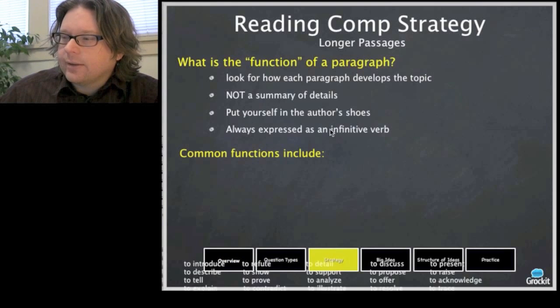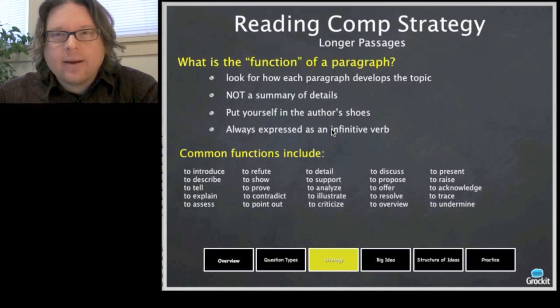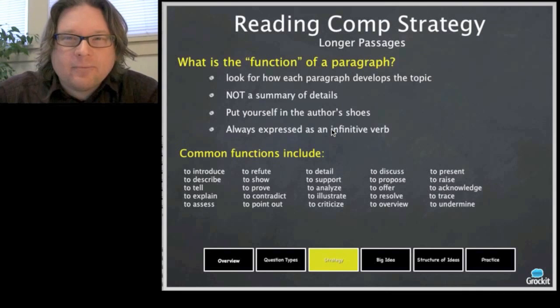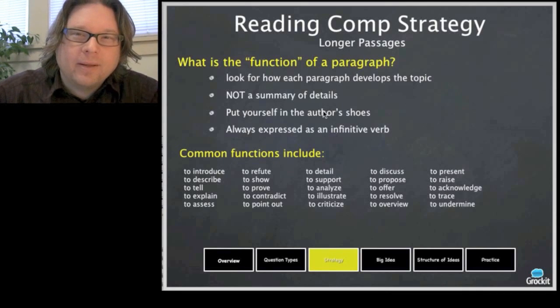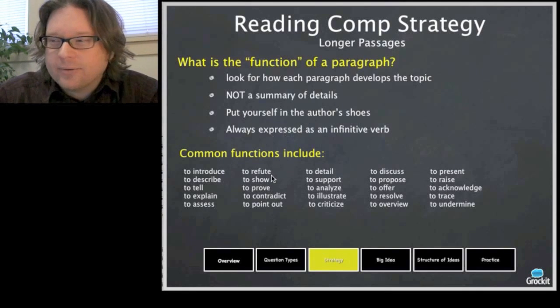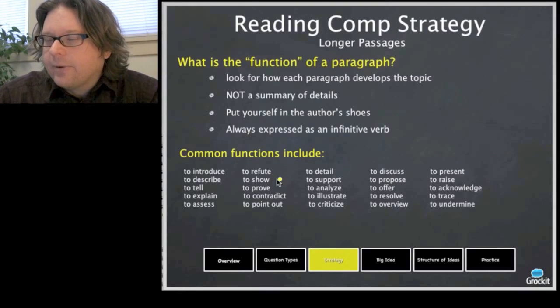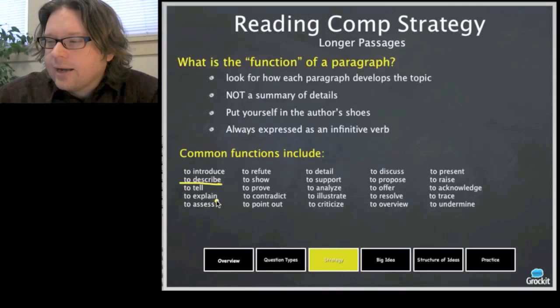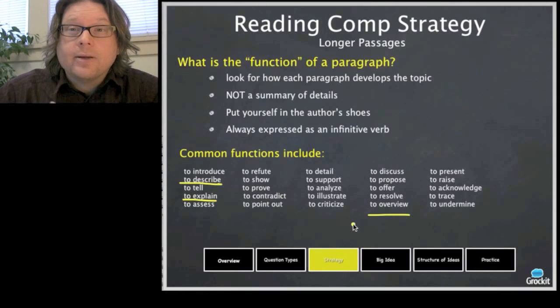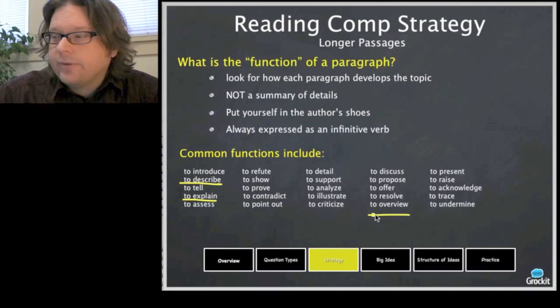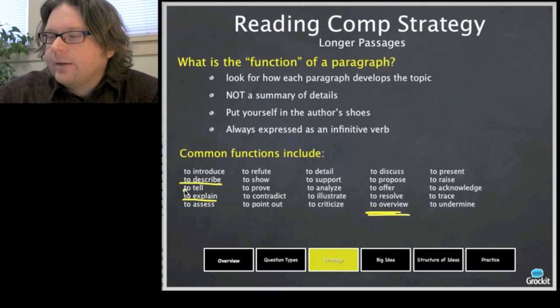So functions, here's a non-exhaustive list, and I'm not going to go through the whole list. The main point is that some of these are things like describe, explain, overview. Those are neutral or scholarly points of view. An overview wouldn't necessarily be scholarly, but an explain might be.